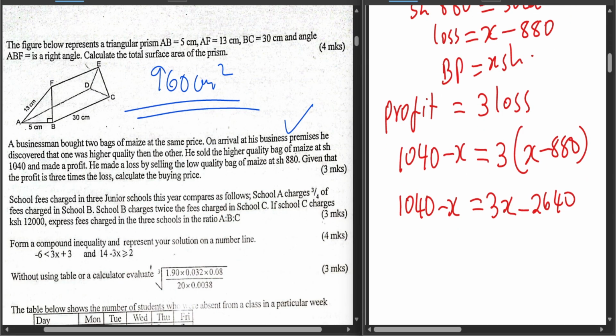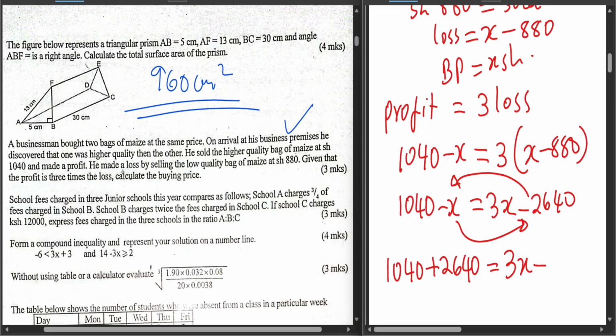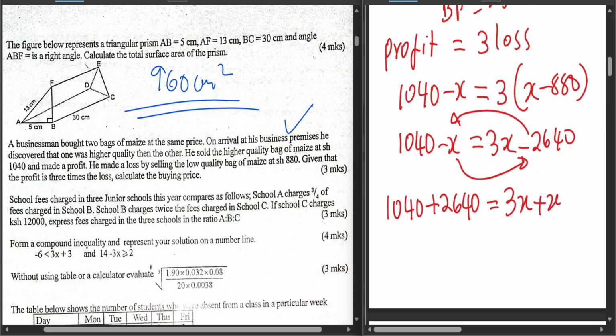Now bring this together. Let's put the negative 2,640 to the other side and the negative X to the other side. If you put negative 2,640 to the other side, it gives you plus 2,640. And if you put negative X to the other side, it gives you plus X. Therefore you'll get 4X, which is equal to 2,640 plus 1,040, which is 3,680.